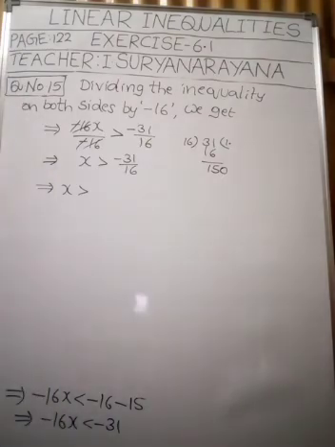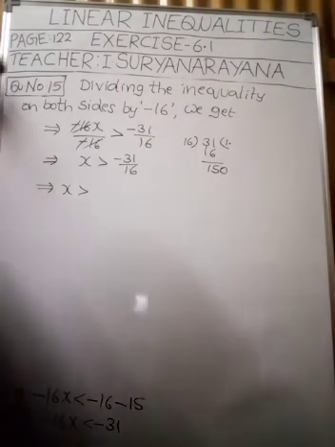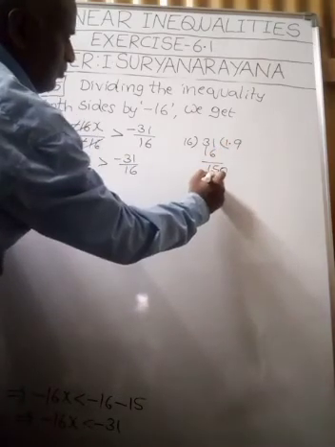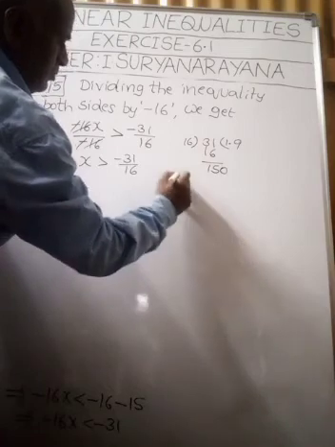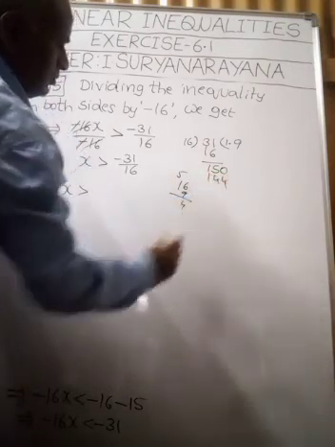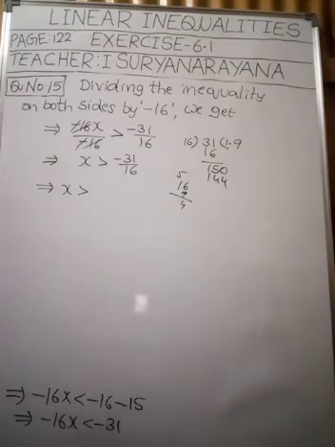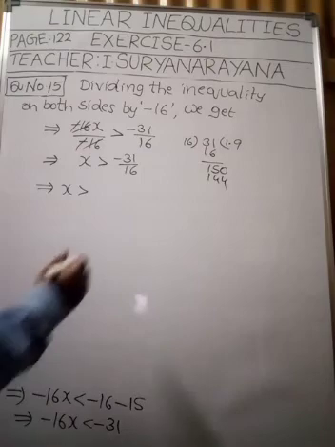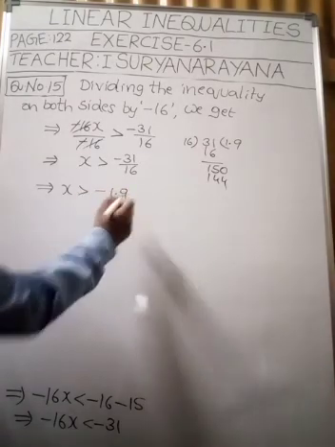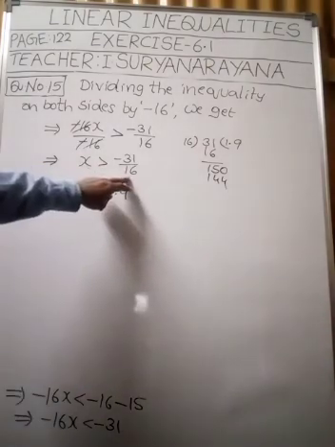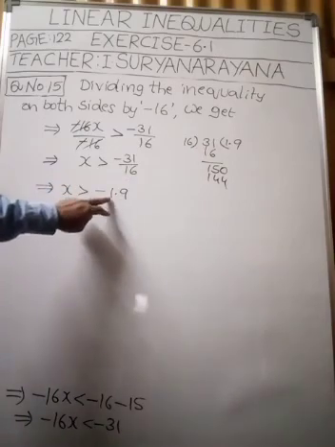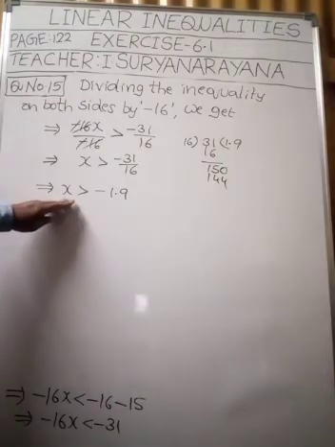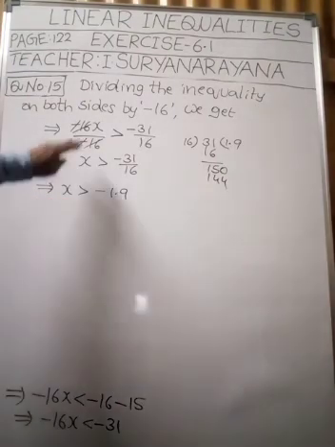Okay, my children. 16 nines. Okay, my children, understood? So 1.9. We get here 1.9. So minus 1.9. We converted this fraction into decimal form. Then we got here 1.9. So this is a solution of the given inequality.